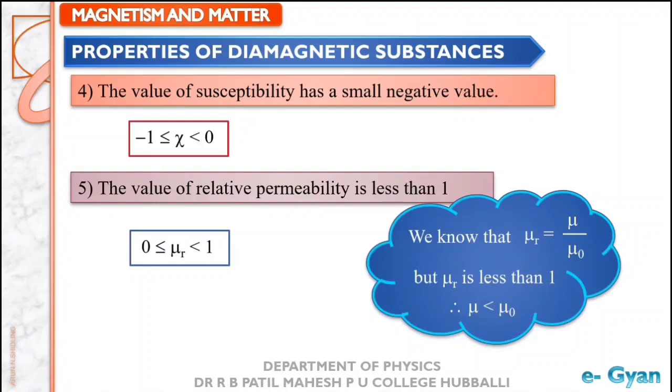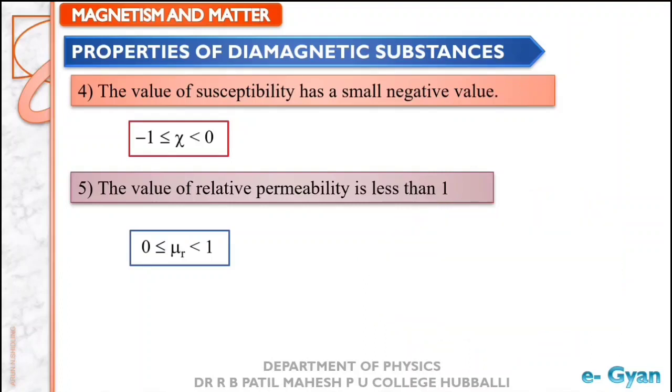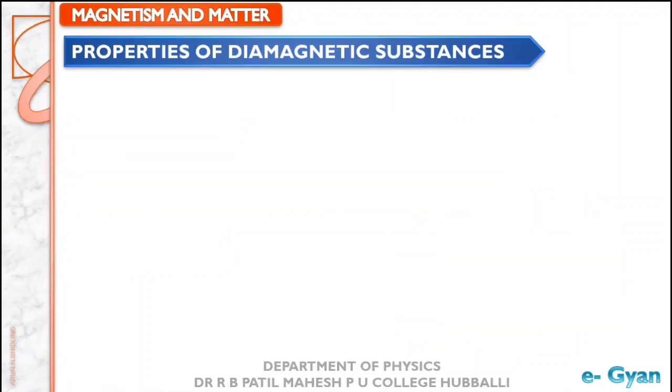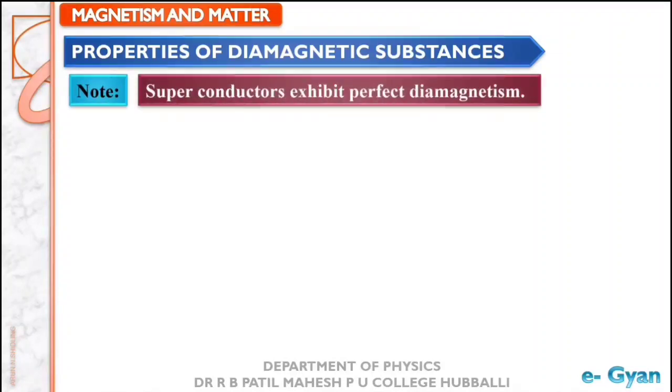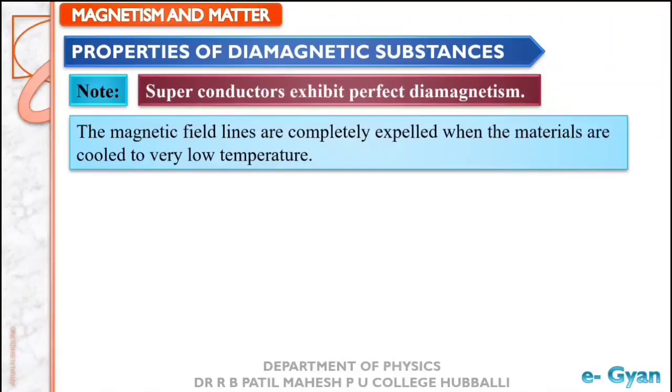So let us now study the note on diamagnetic substances. Superconductors are the perfect diamagnetic materials. The magnetic field lines in case of superconductors are completely expelled out of it when they are cooled to very low temperatures.